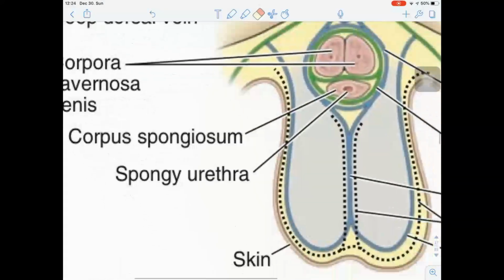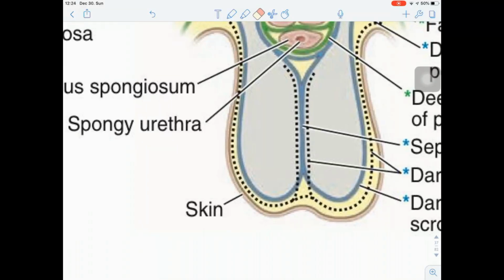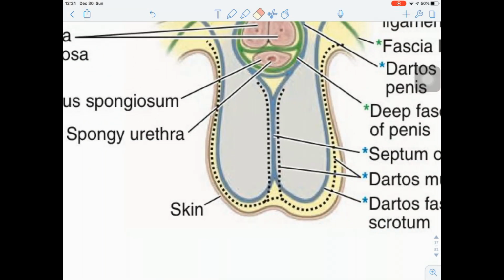If you're talking about the scrotum itself, the main thing would be the dartos fascia and dartos muscle and its function. First of all, the testis is out of the abdominal cavity because of the temperature needed for sperm production.